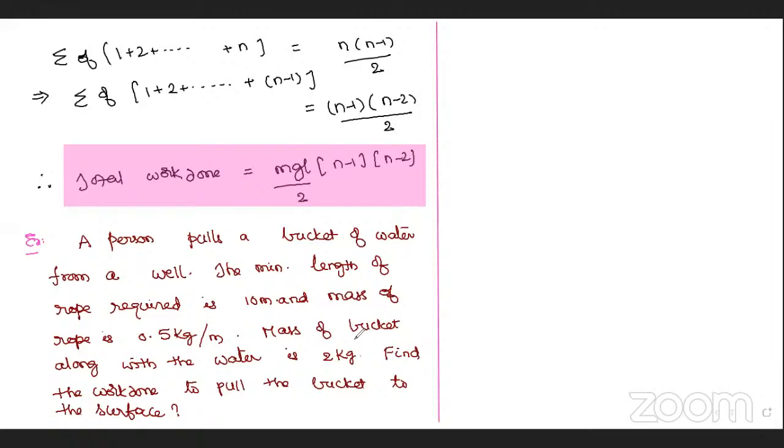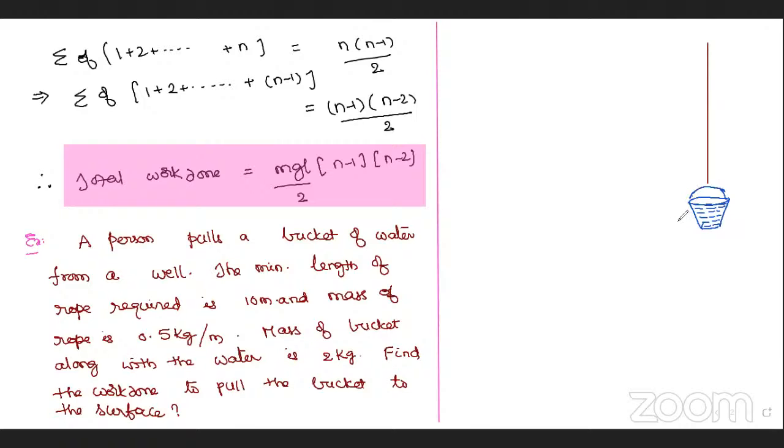So you have to understand on whom we are doing the work. This is the minimum length of the rope required, 10 meters, and here is the bucket, completely filled with water like this.